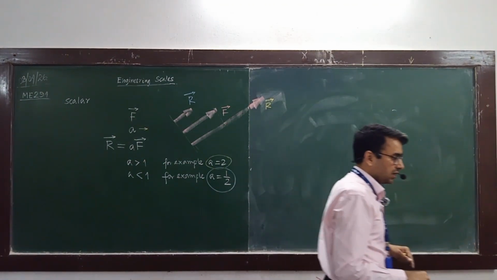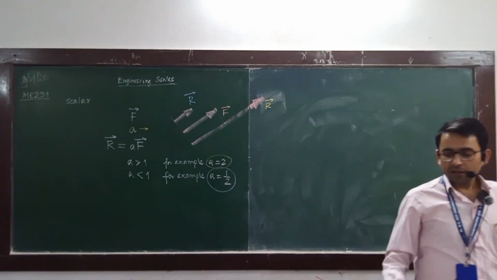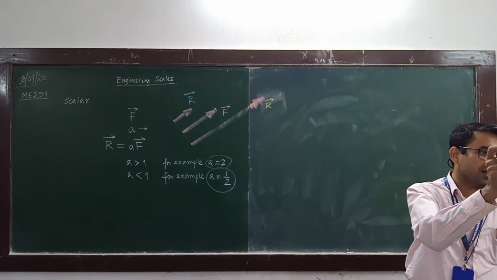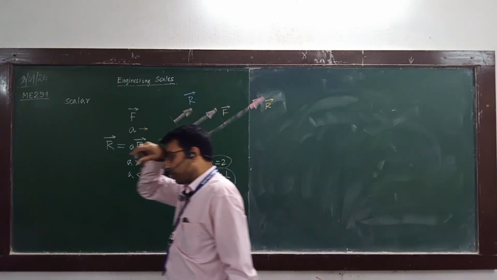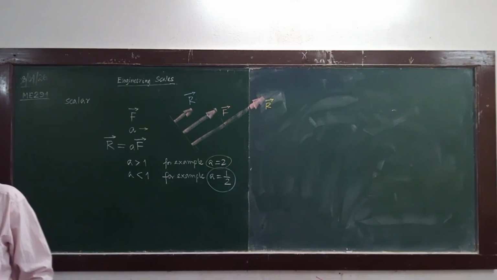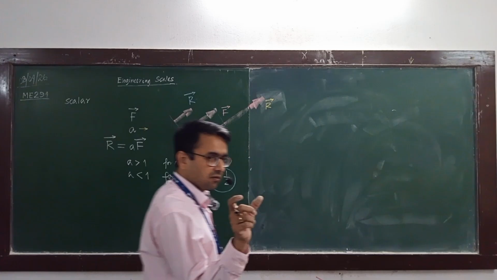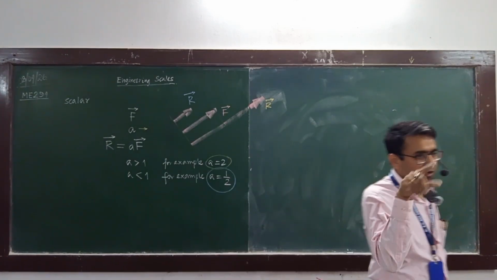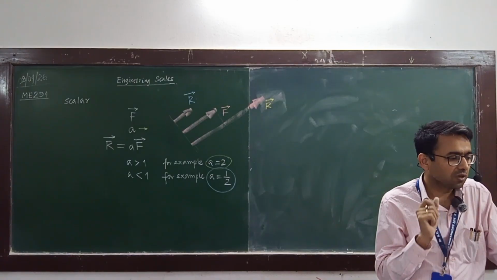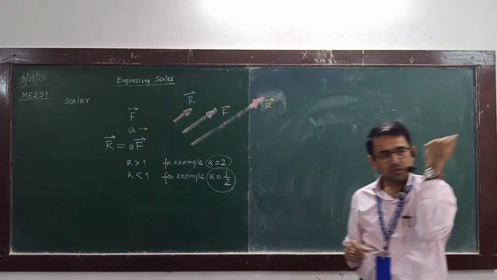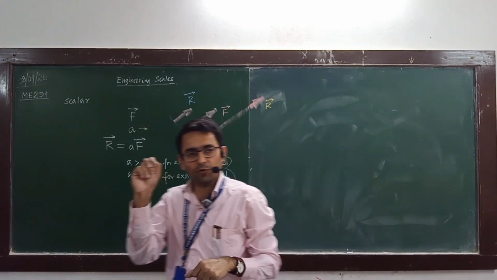Clear? One thing. There may be some very miniaturized things. If you want to draw, say, components of a mobile, or the components of a computer, motherboard, or for example a watch, you have very tiny components, right?